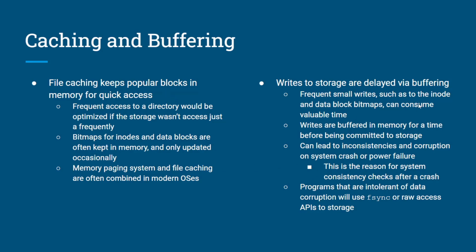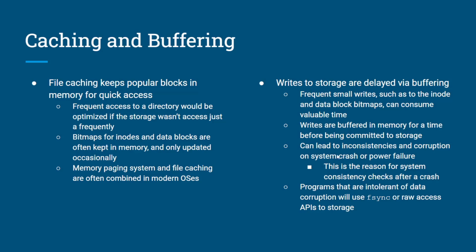Buffering, on the other hand, is a way of limiting the number of writes you make to a storage device. When we buffer, what we're doing is taking the changes for a particular file and storing them in memory temporarily, not writing them immediately to the disk. That way, if we make lots of very small writes, we can quickly modify that data in memory rather than having to wait the long time it takes to actually modify storage.